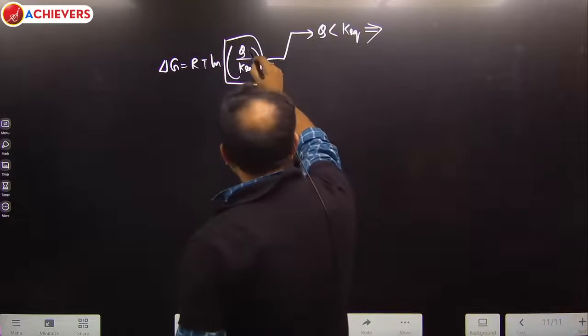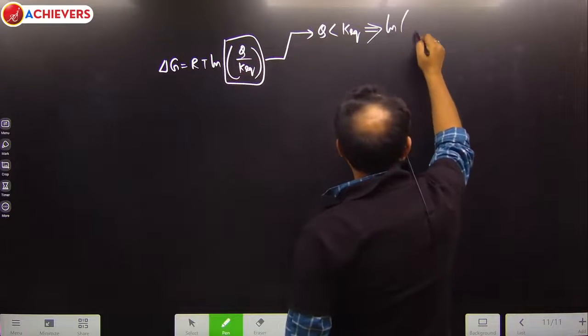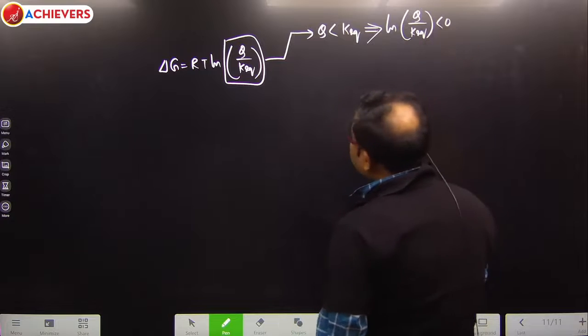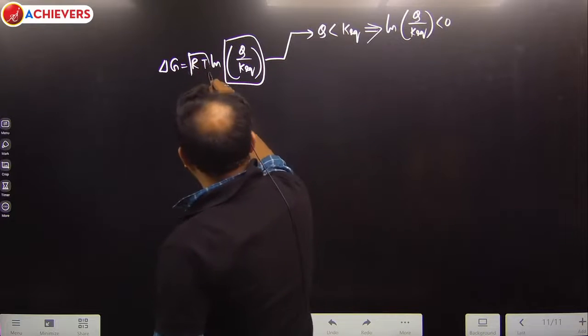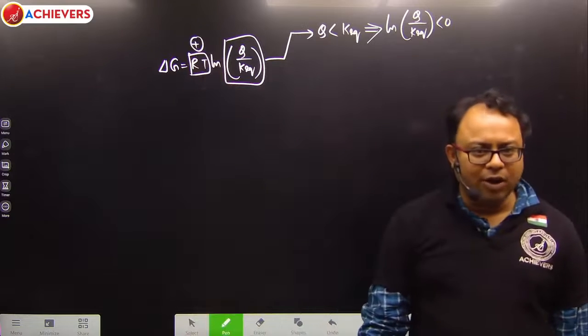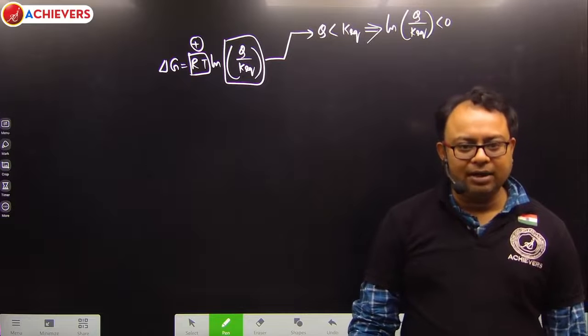So if Q is less than KQ, then ln Q by KQ is negative. And this particular term, RT, is always positive. Kelvin temperature is always positive. R is always positive. So naturally RT is always positive.